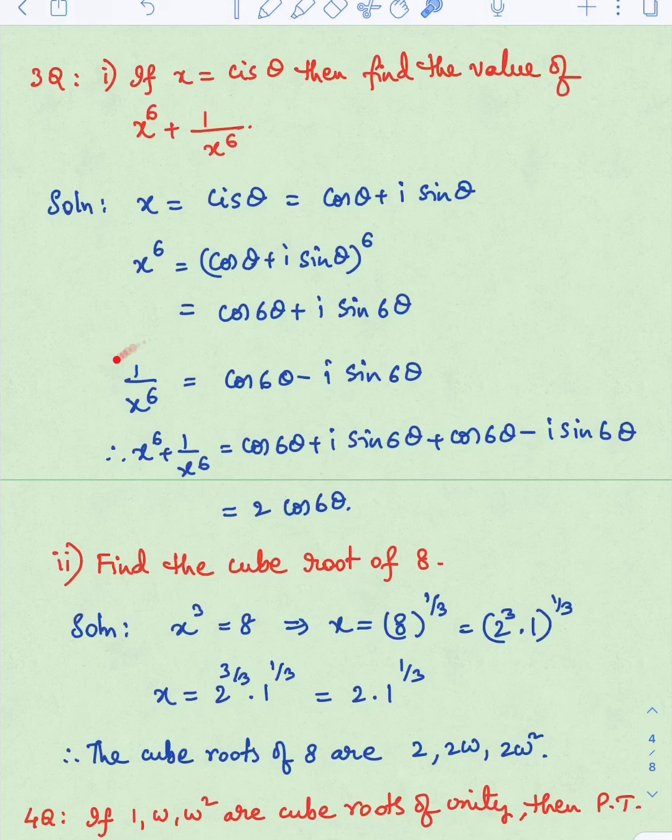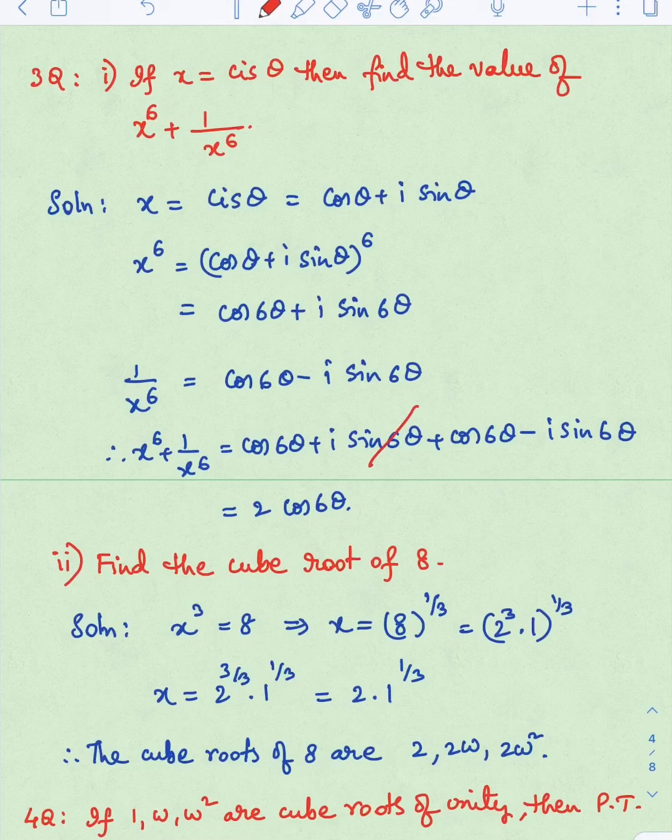Now what is 1 by x power 6 here? How to write it? This was already told to you. We change the sign: cos 6 theta minus i sin 6 theta. Now x power 6 plus 1 by x power 6 means these are added, all 4 terms.